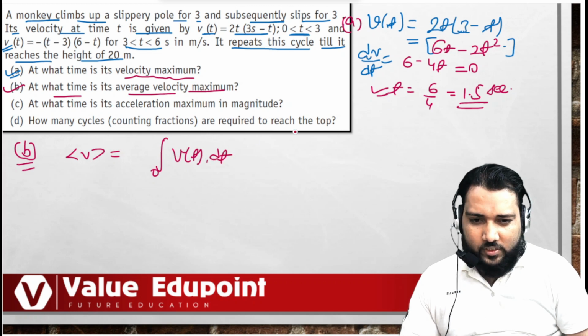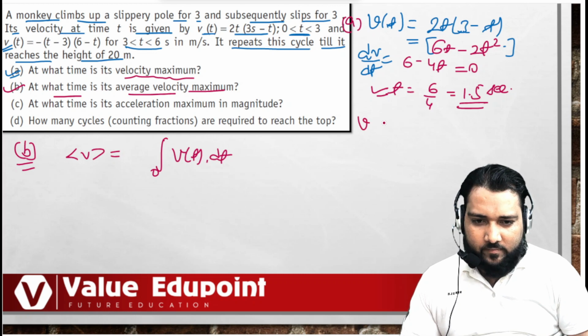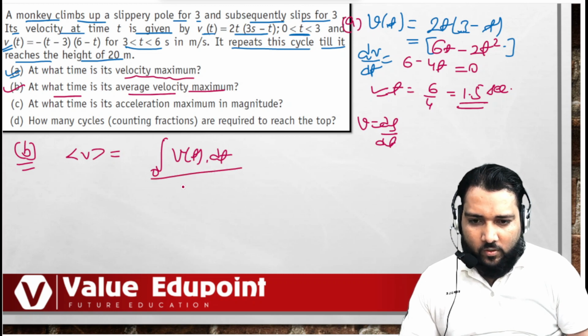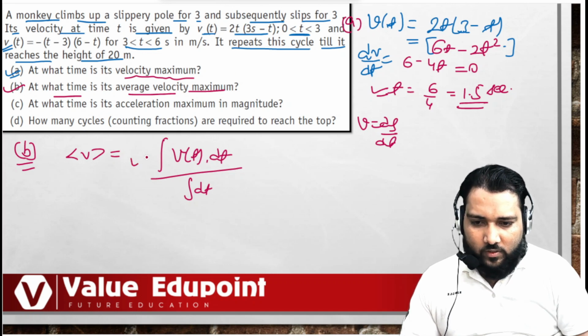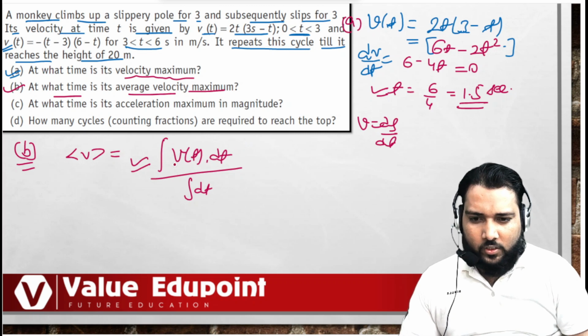We know v is equal to ds by dt, so to calculate ds, that will be v into dt. Integration over the time interval. This is an important formula for calculating when v is given as a function of time t.